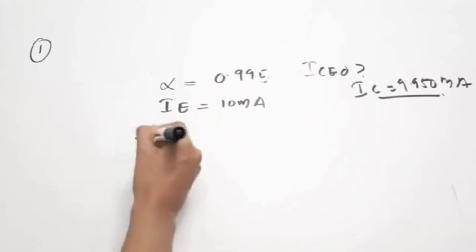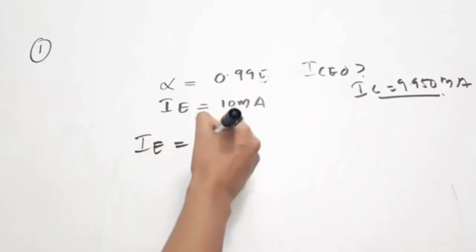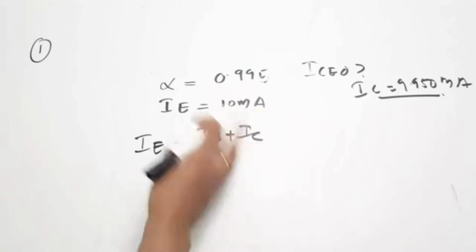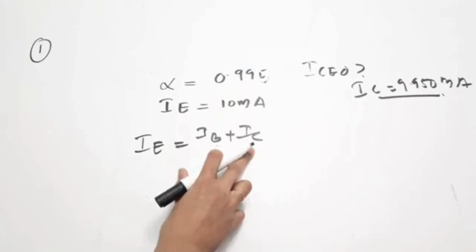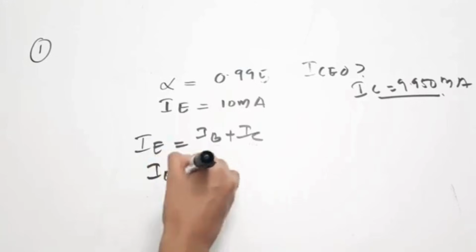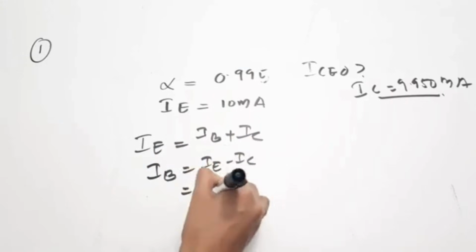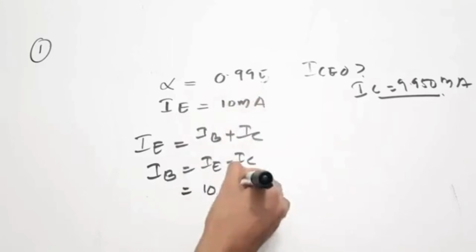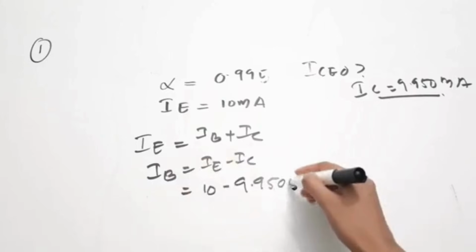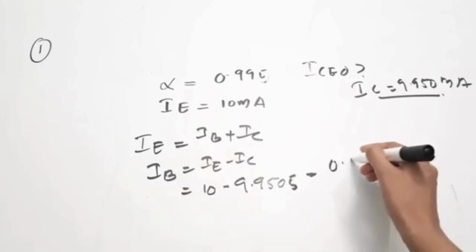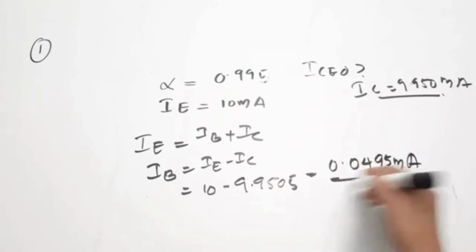We know the relation: IE, the total emitter current, is the sum of base current plus collector current. So IB equals IE minus IC, both in milliamperes: 10 minus 9.9505 equals 0.0495 milliamperes, the value of base current.